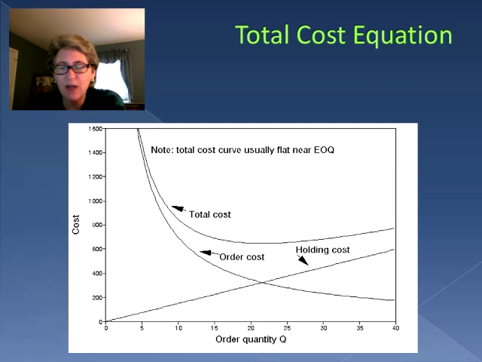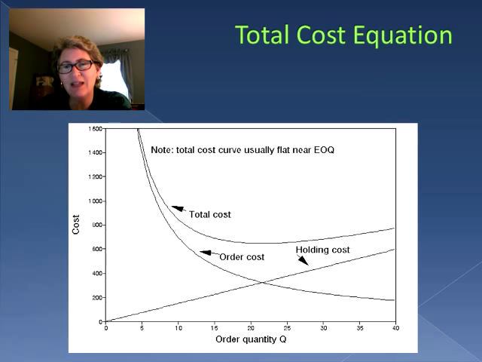So the more times we order, the costs go up. If there's more in the order, we don't have to order as many times. So that's how that curve goes down. The second line, the holding cost: the more we hold on to at any given time, our cost is going to increase. That's why that one is heading upwards. We bring the two of those together along with the cost of the product itself, and we have a total cost. And that is another curve there, bringing the two together.